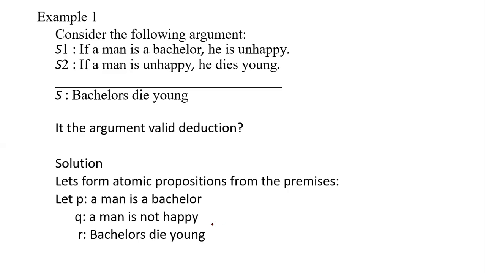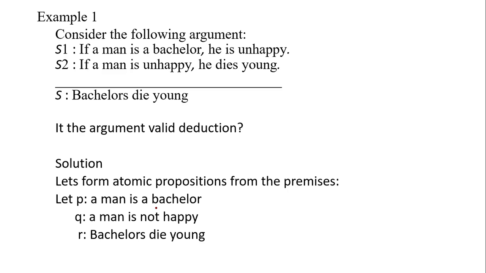Now, solution. Let's go to statement S1. You can break it down. We have the bachelors, people who are unhappy, and people who die young. So you can say let P be: a man is a bachelor.